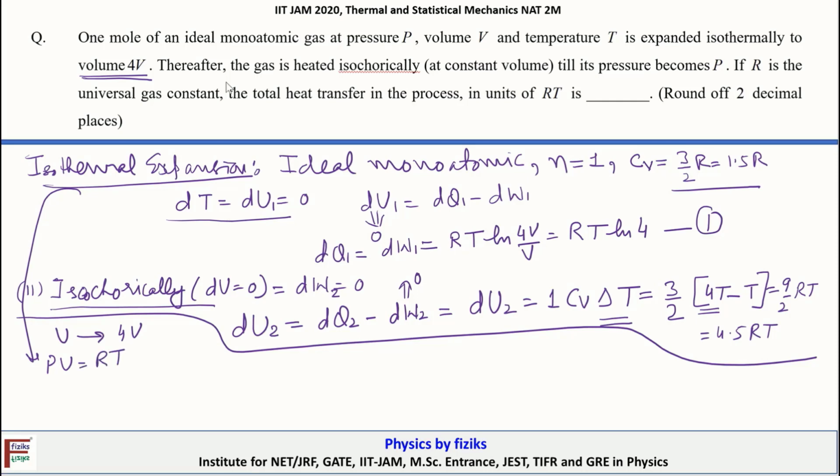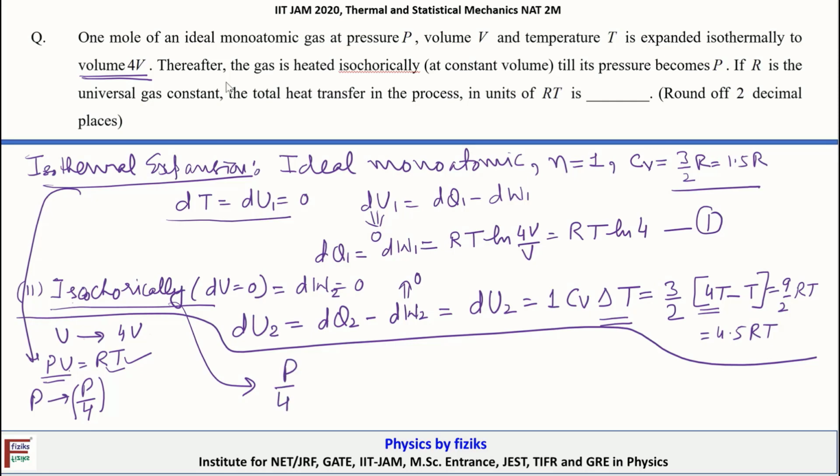Because it's an isothermal process, temperature is going to be constant, and R is already a constant. So when volume changed from V to 4V, to keep this quantity equal to RT, the pressure will change from P to P/4. So here when we started this process, the initial pressure was P/4.